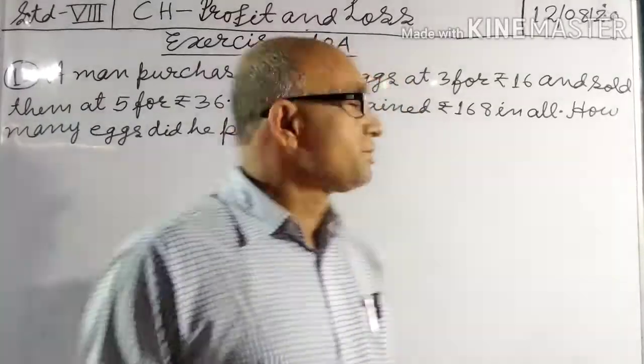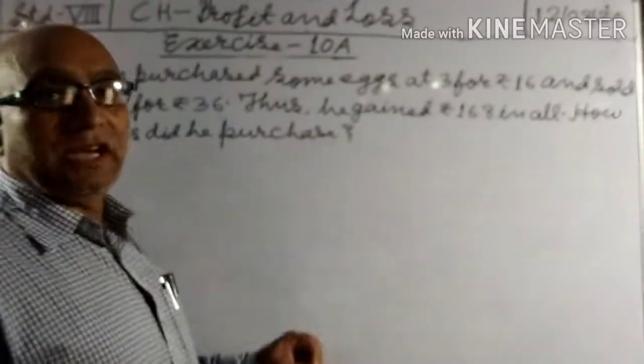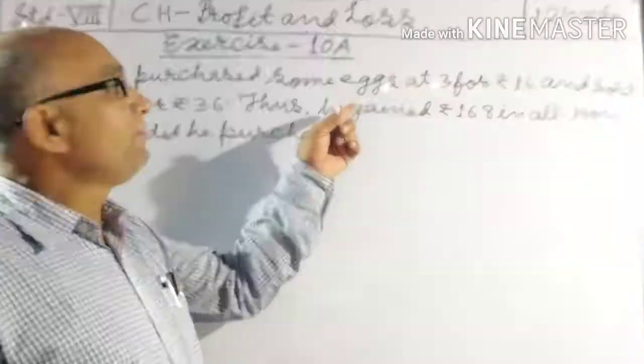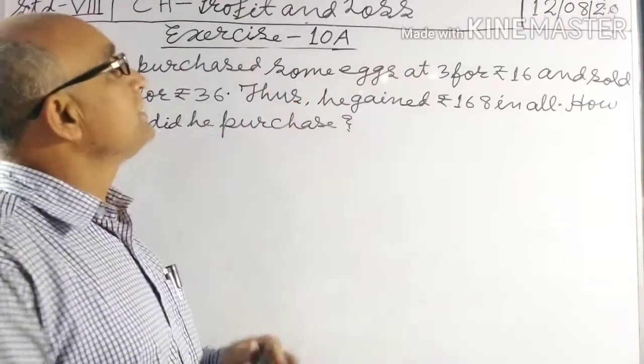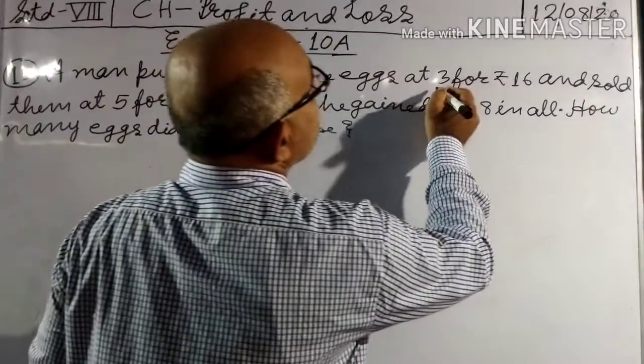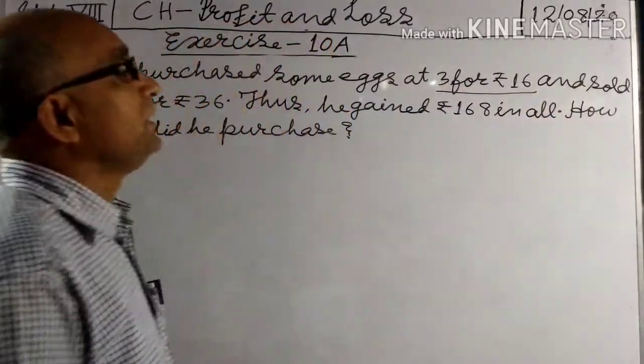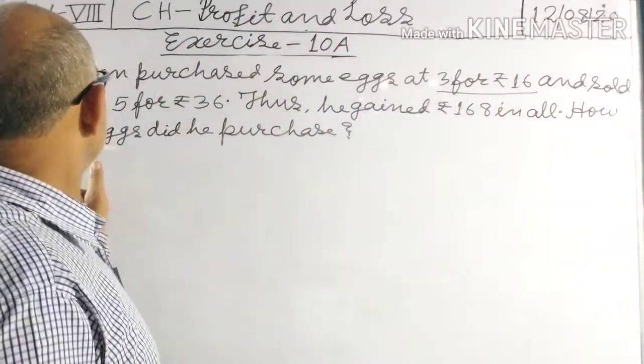Students, next question is question number 15. A man purchased some eggs at 3 for rupees 16 and sold them at 5 for rupees 36.